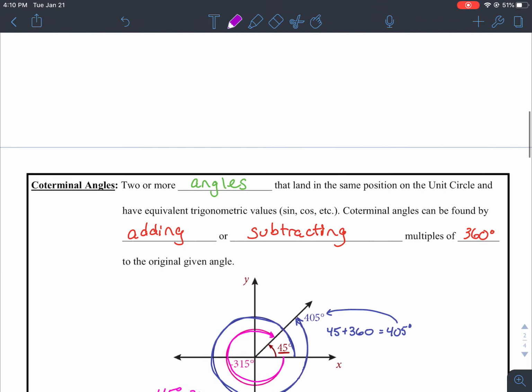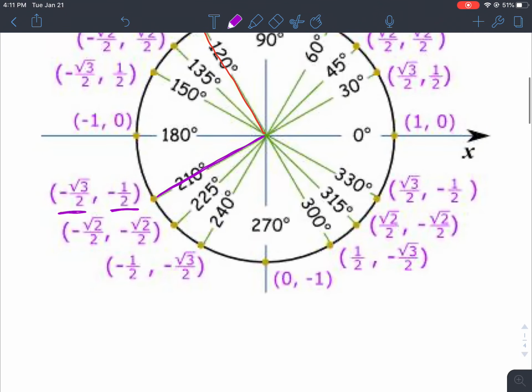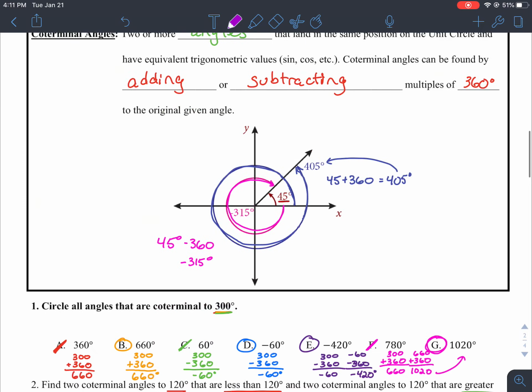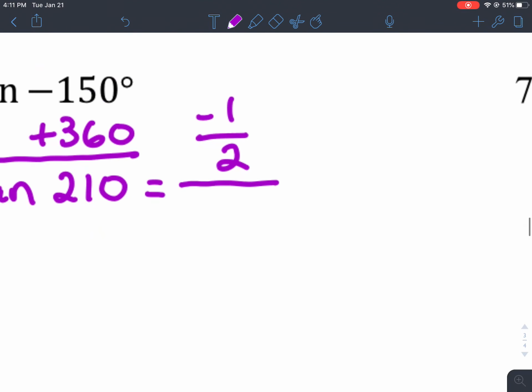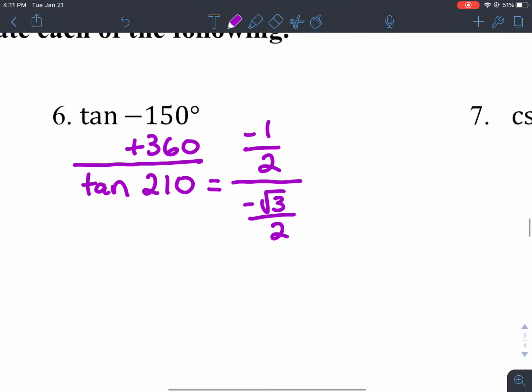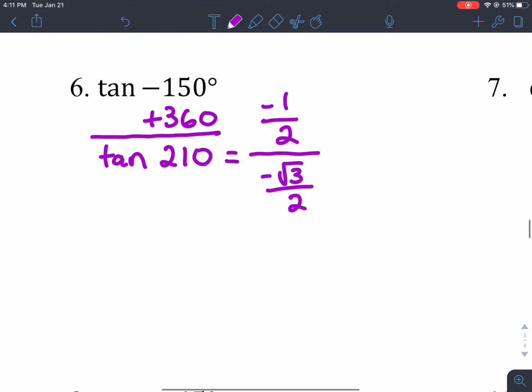And the x-coordinate at 210 is negative root 3 over 2. Now, as we talked about yesterday, you should always use your yellow calculators for this. Type that in, get your answer. But just one example longhand in the event that you don't have your yellow calculator.